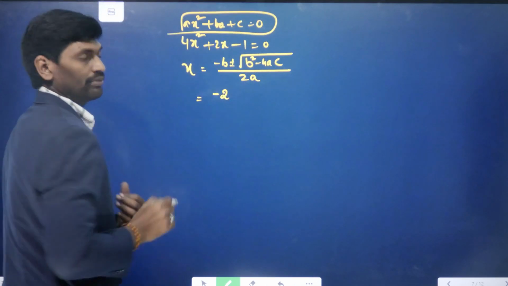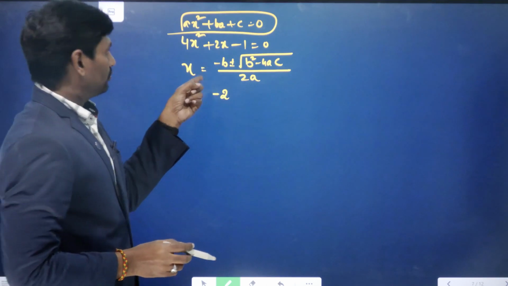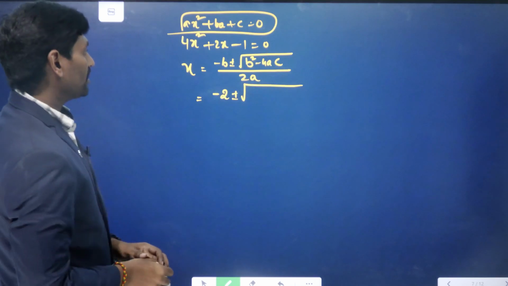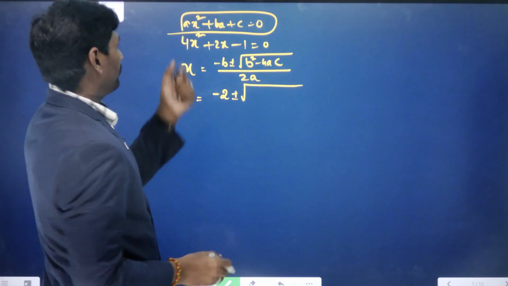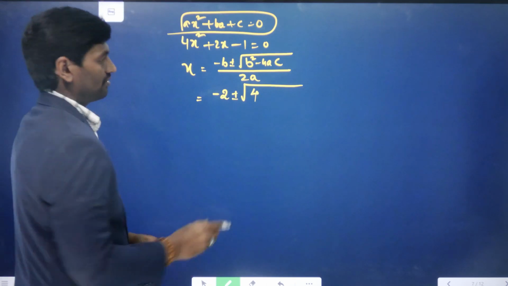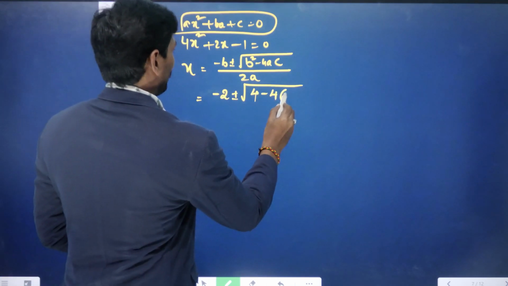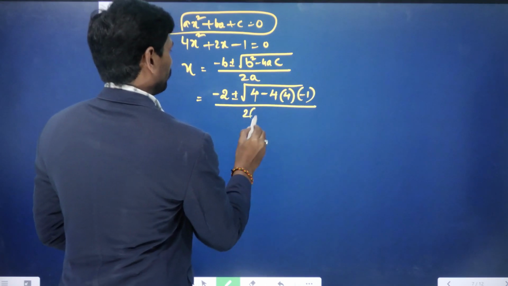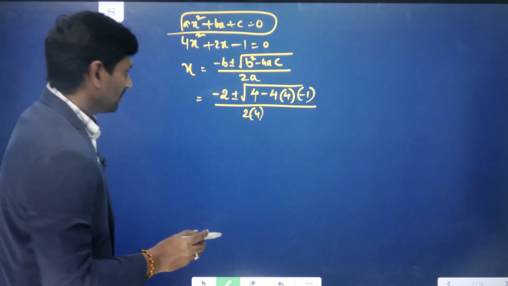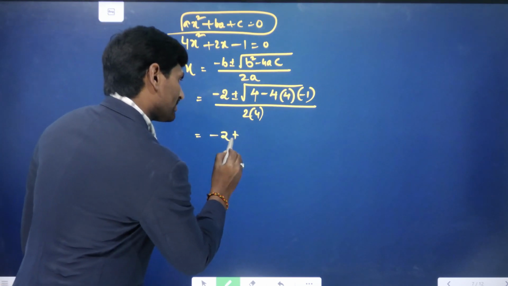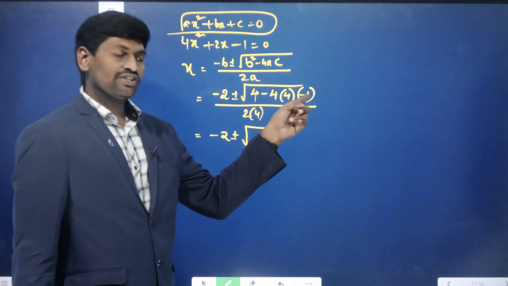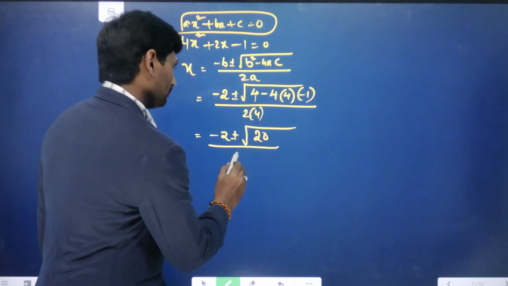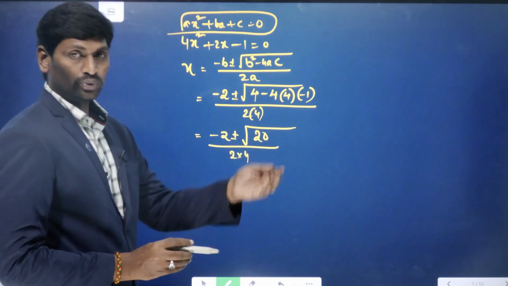So minus b is nothing but minus 2, plus or minus root over b square minus 4ac. b value is 2, so 2 square means 4, minus 4 into a value 4 and c value minus 1, by 2 into a value 4. So that equals minus 2 plus or minus, minus into minus becomes plus, 4 4s are 16, 16 plus 4 is 20, by 2 into 4. I am taking 2 as a common term.